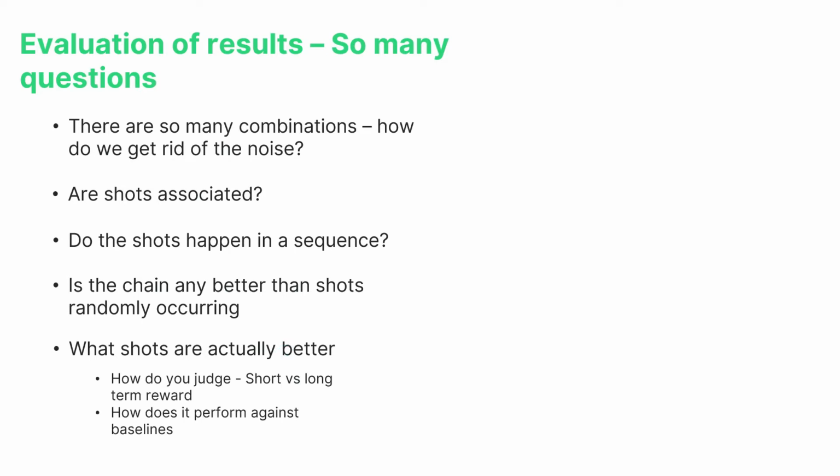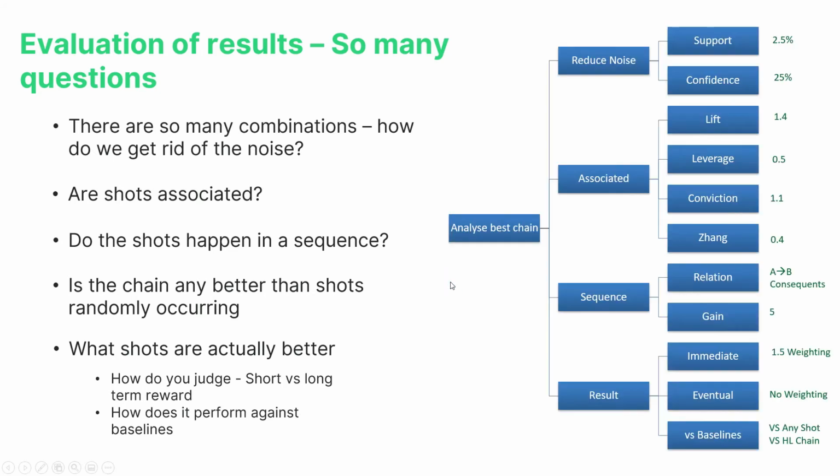How does it perform against some of the heuristics and baselines that we're aware of? On the right there, I've got some of the metrics that I've used to help unpick those questions. I'm not going to go through all of them, but I'll highlight a few of them which I think are important.